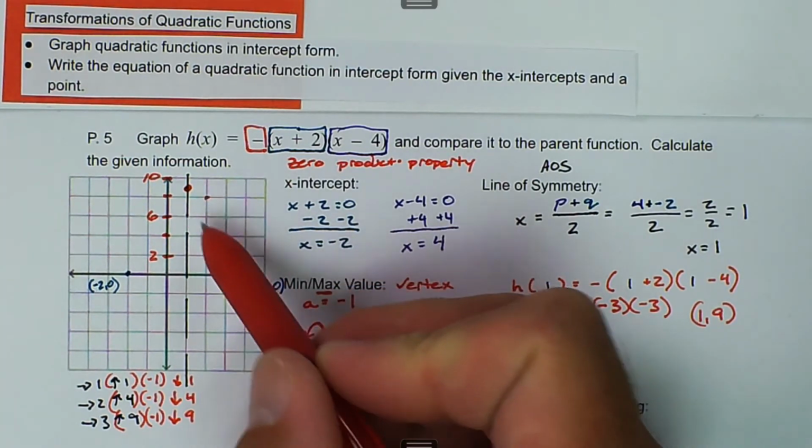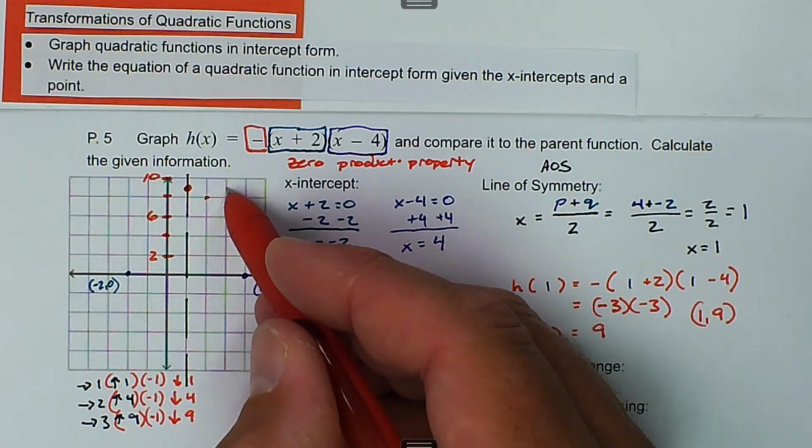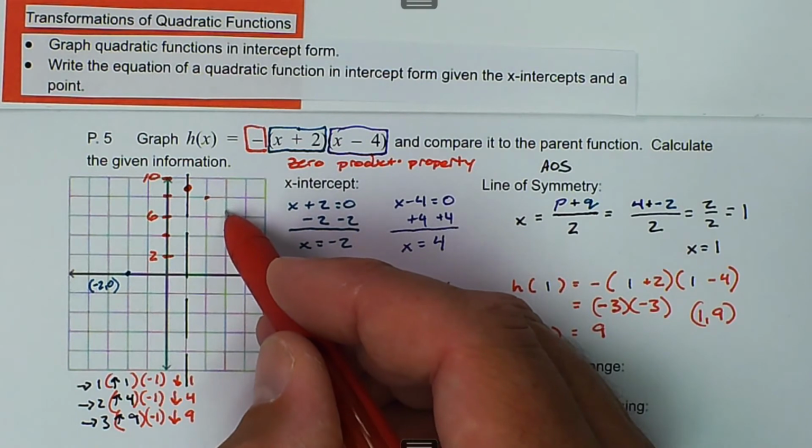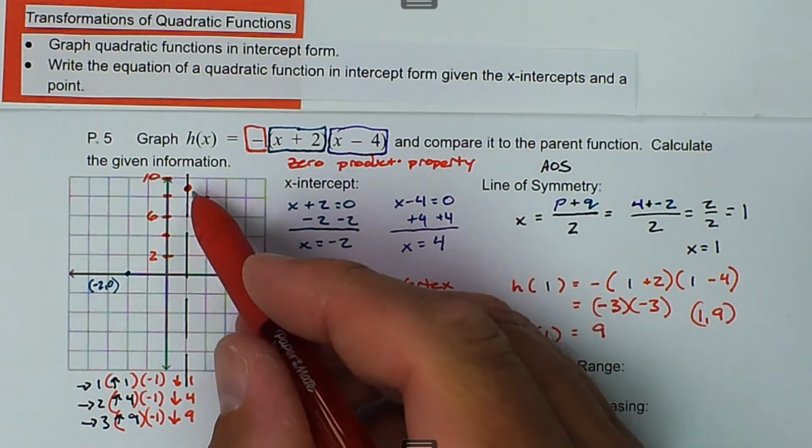Over 2, down 4. And then over 3, down 9.